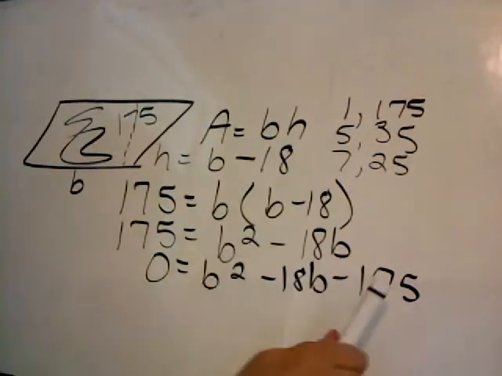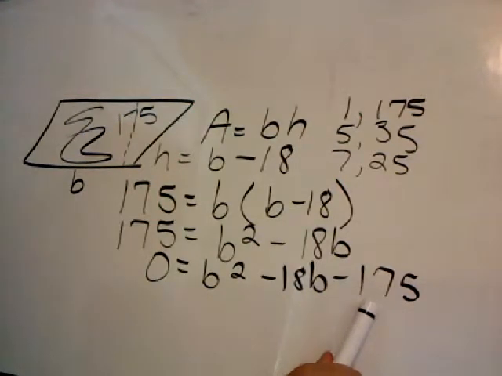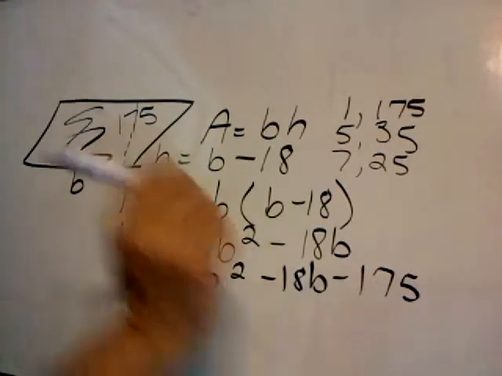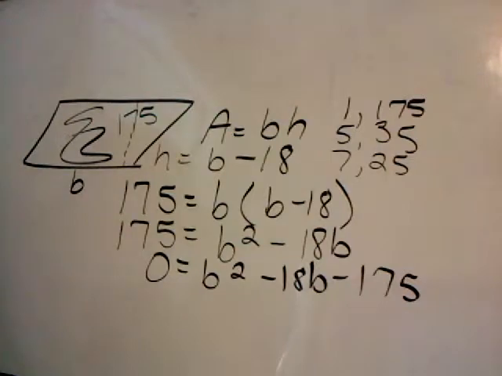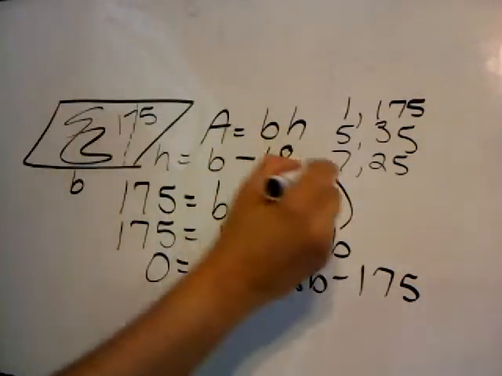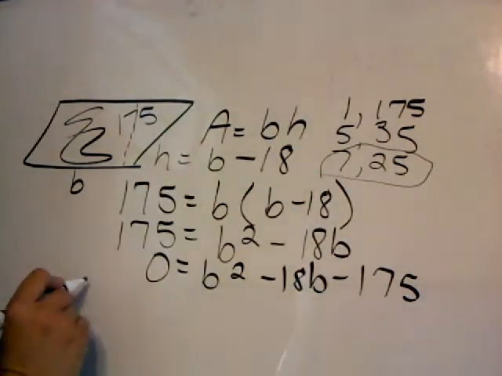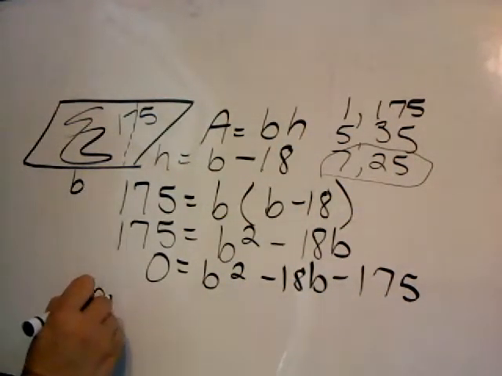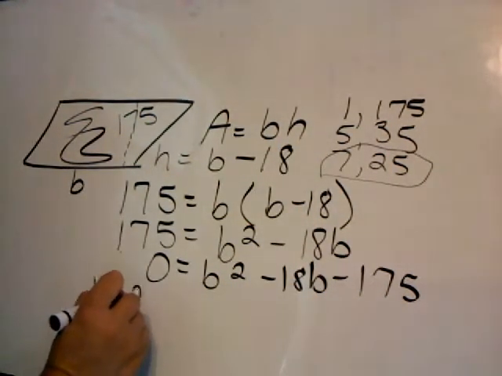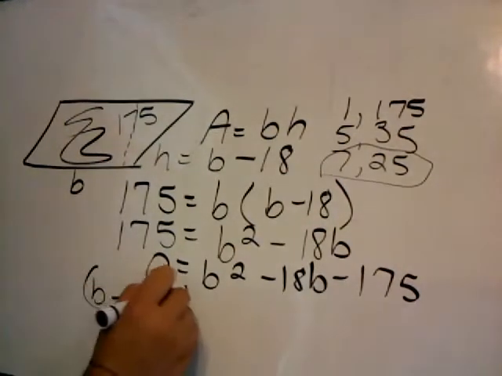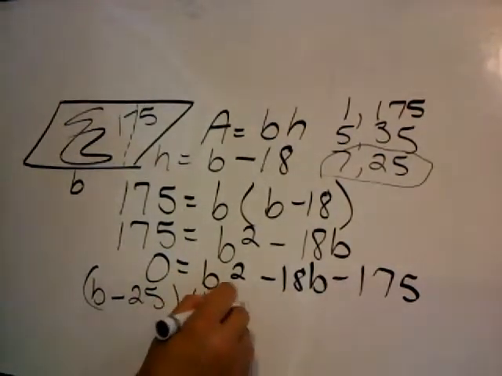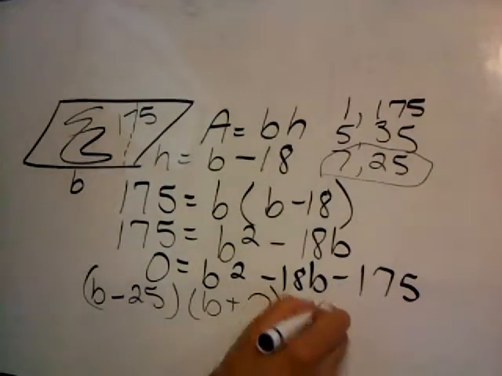If I'm looking for factors that multiply to get 175 and subtract to get negative 18, I'm going to have to use the 25 and the 7. So I set it up, B minus 25 times B plus 7, and set that equal to 0.